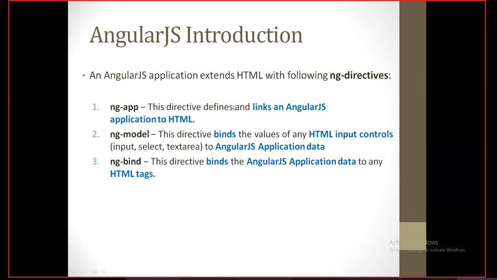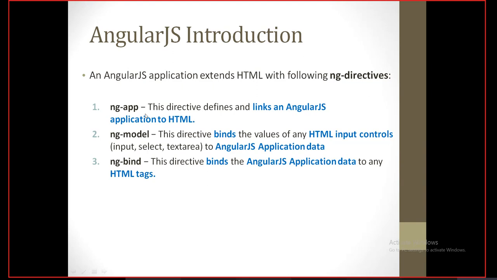So either we have to define or we have to link any of the AngularJS applications. For that purpose, we will use the ng-app directive, for defining and linking an AngularJS application to the current HTML document. Understood?